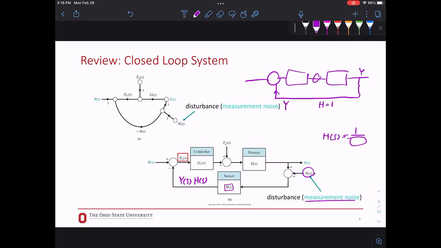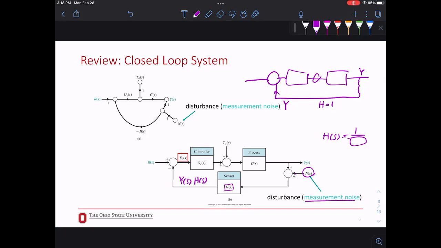The signal is Y. So if H of S is equal to 1, you have the whole measurement, the whole actual output. If you're missing resolution or quality, H of S is less than 1, right? Transfer function, output to input, so if it's less than 1, you're not actually getting everything that you asked for. So you get 99% of it, right?